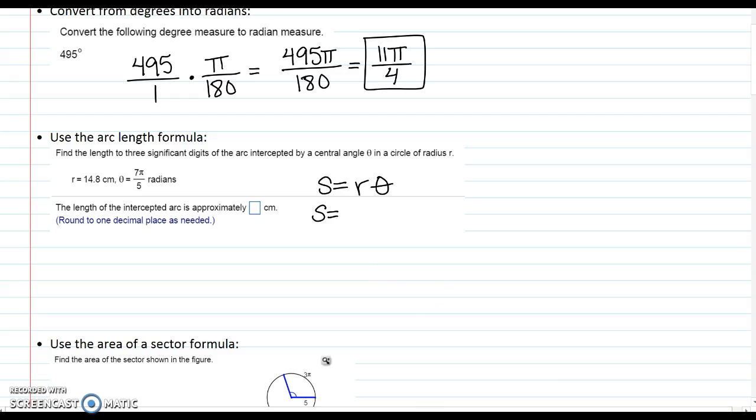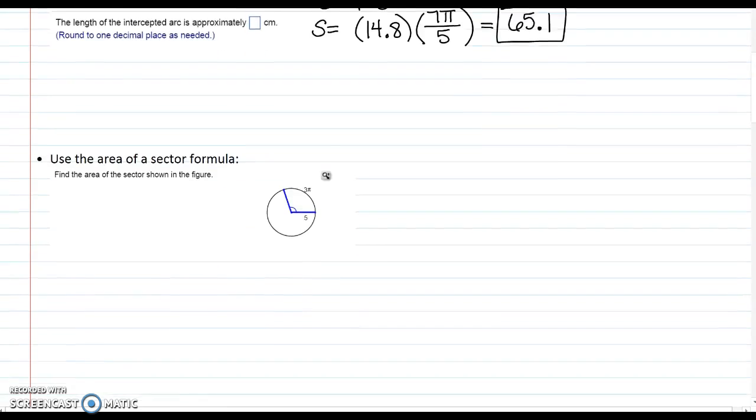They give us the radius, 14.8, and the angle, 7 pi over 5. We plug both of those into the equation, multiply, type it into your calculator because you're going to round to one decimal place, and you get 65.1. Follow along with me as I'm going through these problems. Make sure you're typing this in your calculator and getting the same thing.